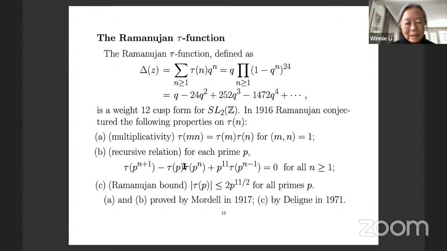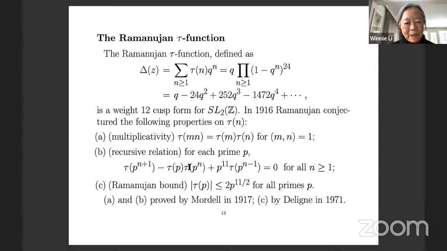In front of tau p to the n, there's a minus tau p, and then in front of tau p to the n minus 1 is p to the 11. So 11 here is the weight minus 1. With these two conditions together, that means that if we know the value of tau p, then we will know all the Fourier coefficients.